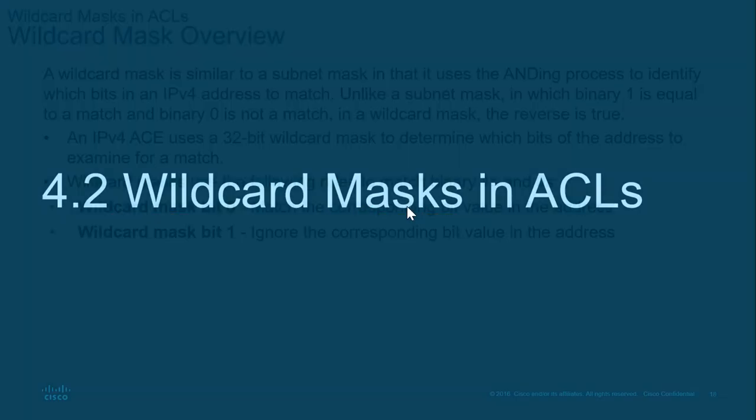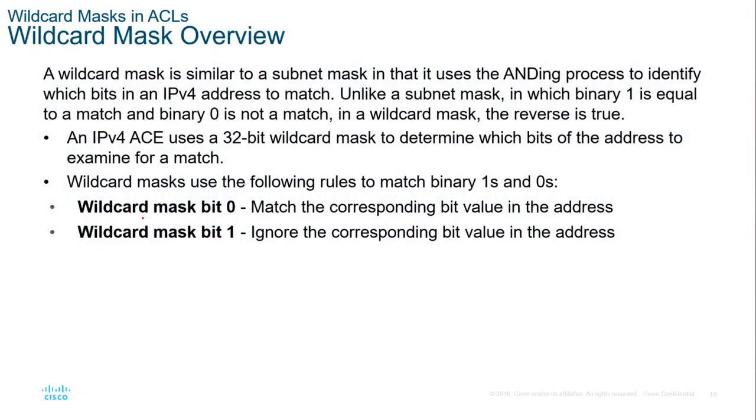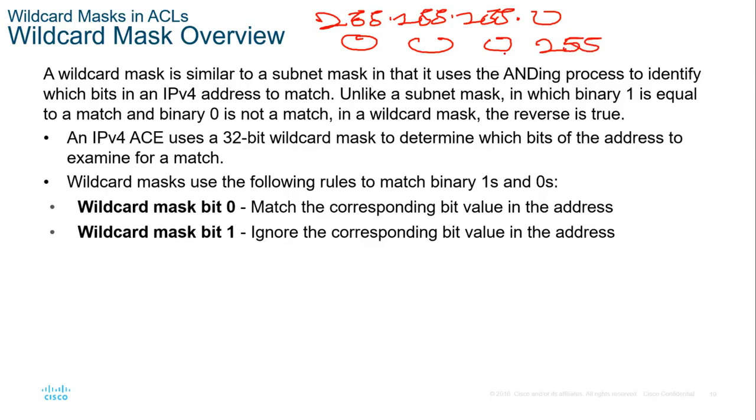Wildcard mask. With a wildcard mask, it's just the opposite of a subnet mask. So if I have 255.255.255.0, the opposite of this should be 0.0.0.255. So this is the wildcard mask for this subnet mask.